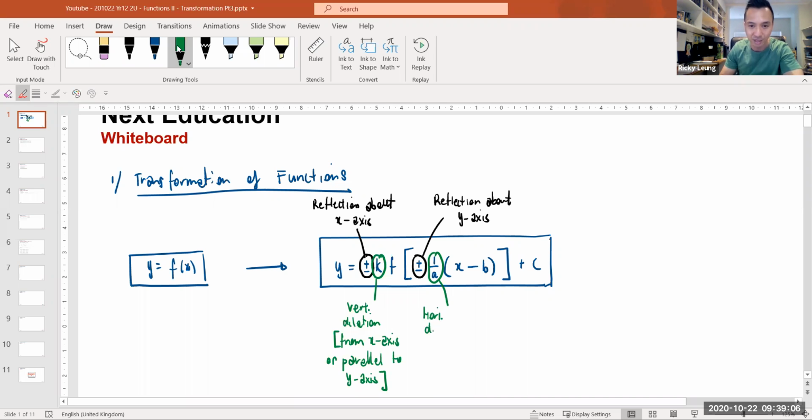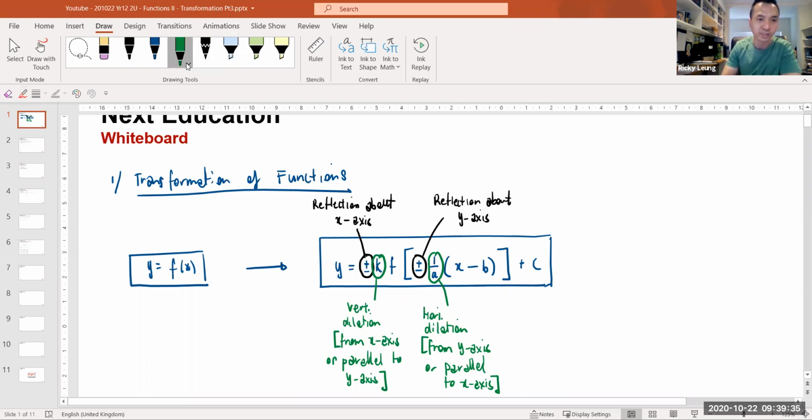Exactly the same sort of description as the vertical, but using the new terminology: from the y-axis. Instead of saying horizontal dilation, they say dilation from the y-axis, which means the same thing. Or it's a dilation parallel to the x-axis. So if you heard those words, it means the same thing.